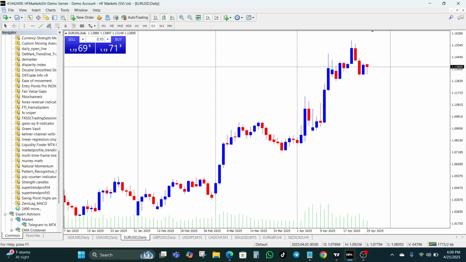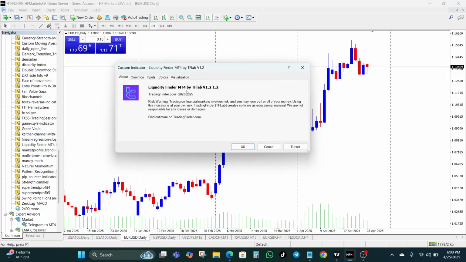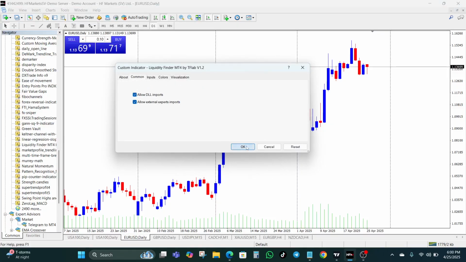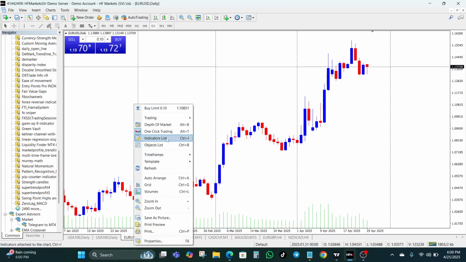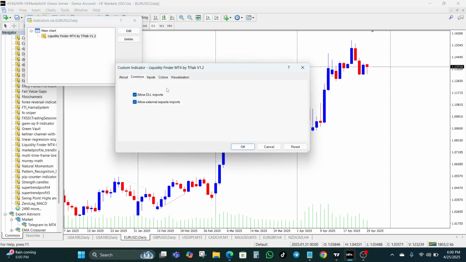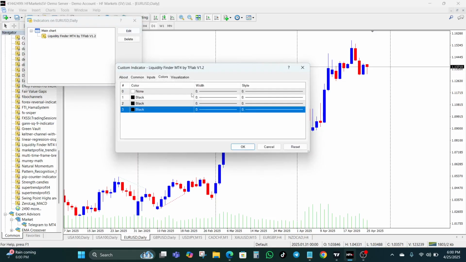Specifically, we are going to be analyzing the liquidity finder indicator. If you're trying to spot where the big money is sitting, or if you want better entries into the market, this is the tool you need in your trading setup.